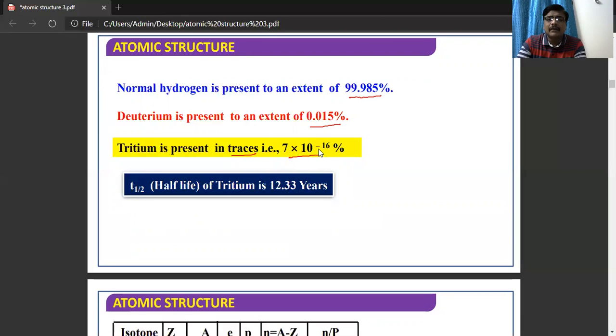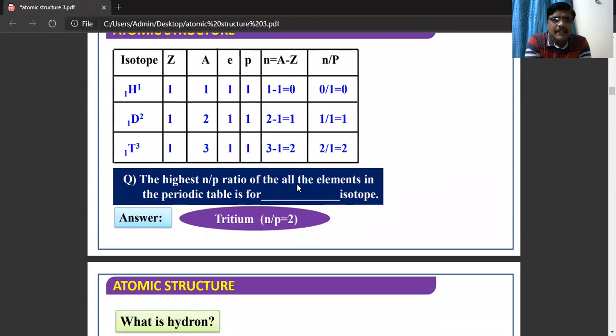So normal hydrogen is present in the highest concentration, whereas tritium is present in the least concentration, since tritium is the radioactive isotope. The half-life of tritium is 12.33 years. So that is about isotopes.